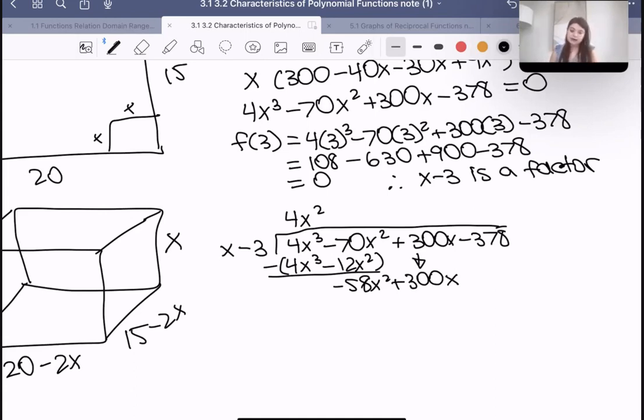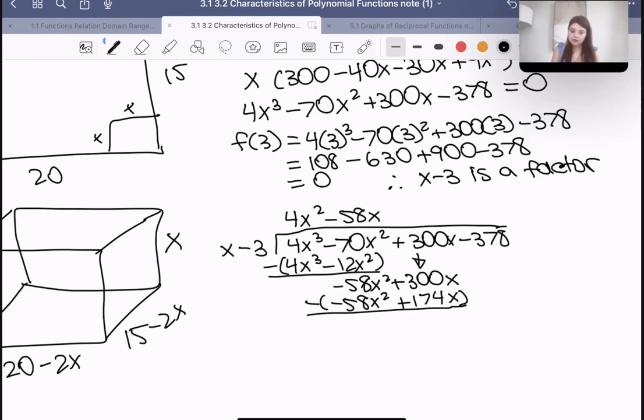How many times does x go into -58x squared? Well, -58x times. That's going to be -58x squared. And then -3 times -58x is 174x. And then we're going to subtract.